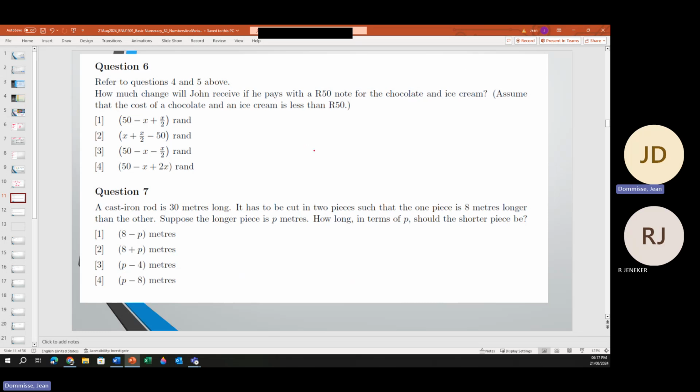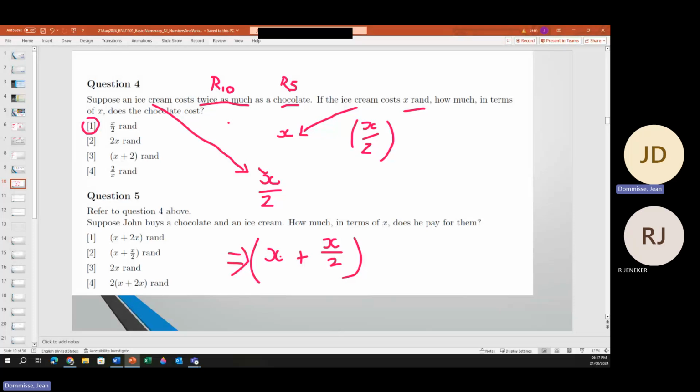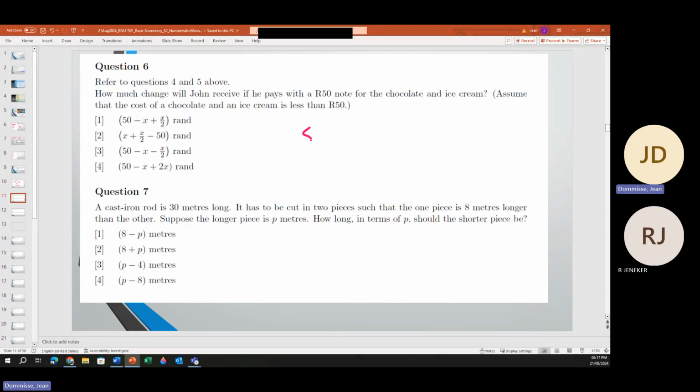Okay, so we have seen that the formula was X plus X over 2. So the formula would look something like this.